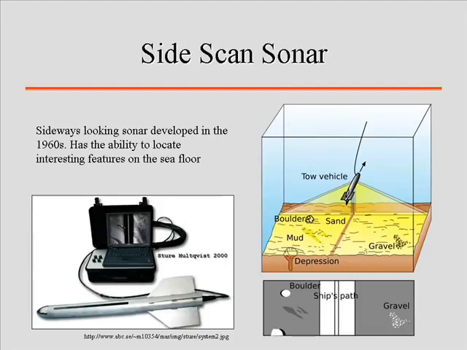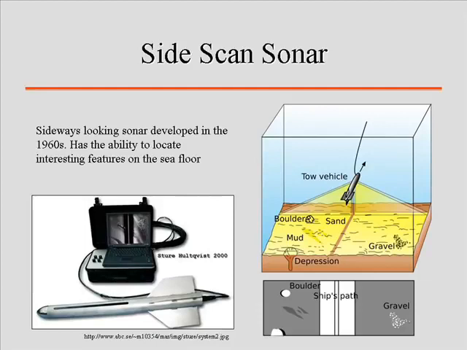So what you're looking at here now is the beam swath path that comes off to the side. This is towed above the seafloor at a certain distance, depending upon what kind of sonar you're dealing with. It might be 50 feet above the surface, might be 500 feet above the surface. What it does is it sends out these beams sideways, and by doing that, allows you to resolve what the seafloor is like.